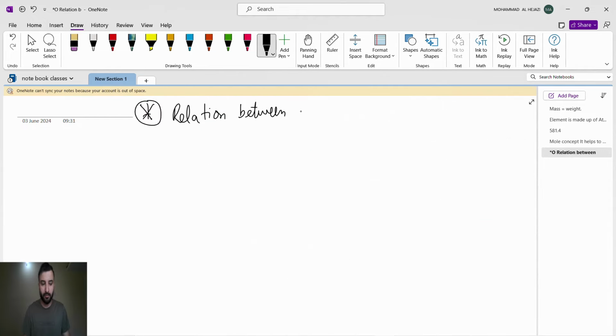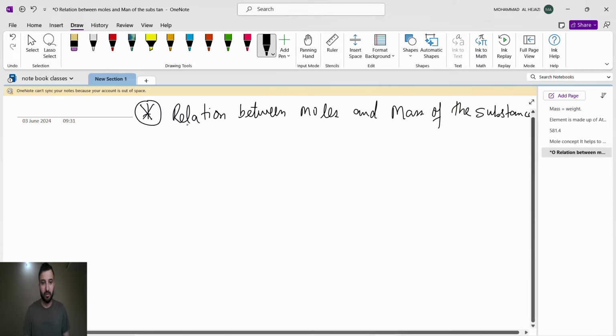Now relation between mole and mass of the substance.